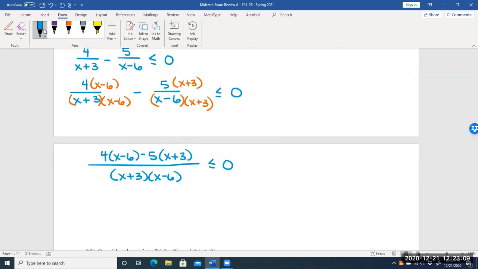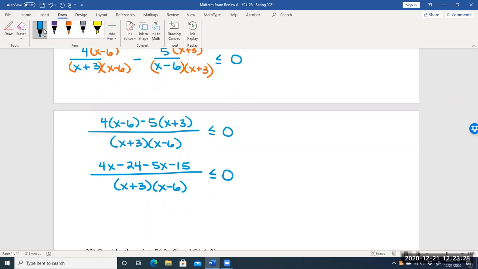So 4x minus 24 minus 5x minus 15, and this is all over x plus 3 times the quantity x minus 6. And then we get a negative x minus 39 over x plus 3 times the quantity x minus 6 is less than or equal to 0. So I combined my like terms.